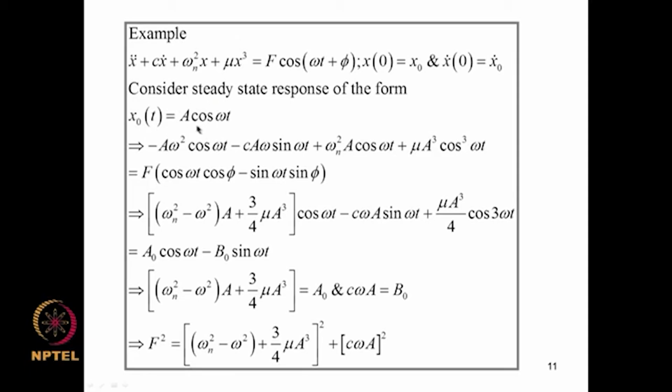Now, I will assume that for some a and omega, this could be the solution. So, I will substitute this assumed solution into the equation of motion. This is only solution in the steady state. So, I will collect terms containing sine cosine terms, do what is known as harmonic balance, and I get a pair of equations which are given by this.